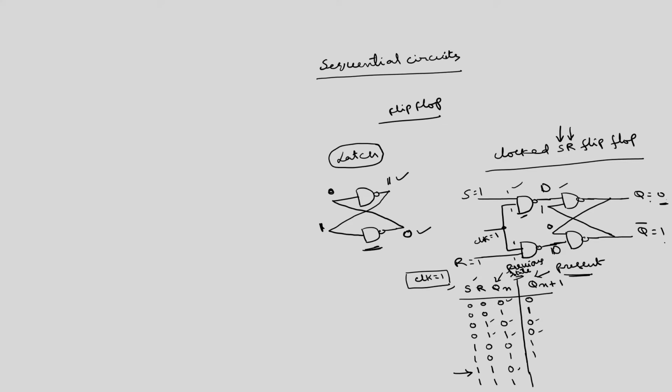If one input is 0, regardless of the other, the output is equal to 1. So, you are getting Q equal to Q bar equal to 1, which is not allowed. Q and Q bar should be complements of one another. So, this will give an ambiguous state. Even if the previous state is 1 or 0, this will give an ambiguous state. This is not allowed.